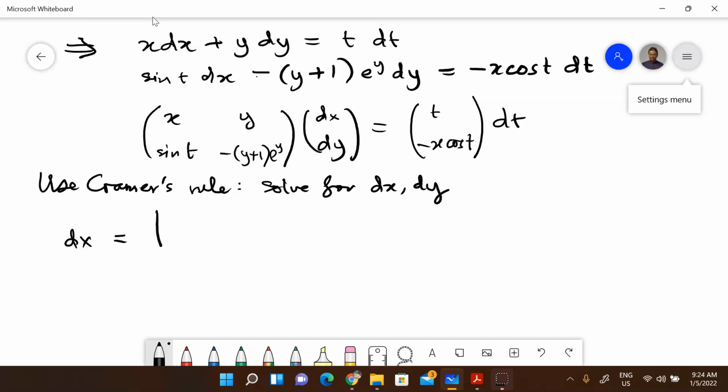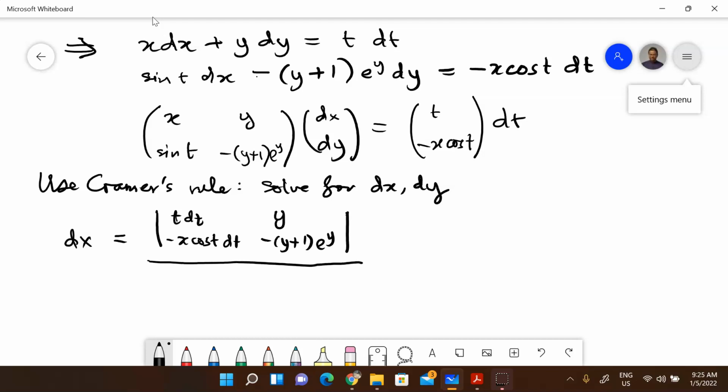So I will replace this by t dt, minus x cos t dt, and then I keep the other column, y, minus (y plus 1) e to the y, divided by the determinant of that 2 by 2 matrix, x, sine t, y, minus (y plus 1) e to the y.